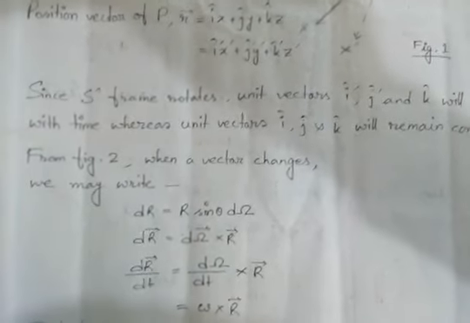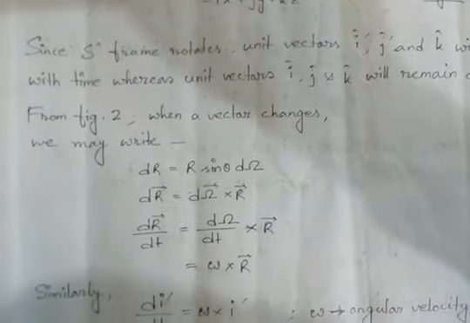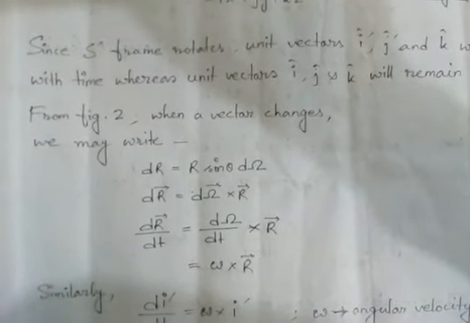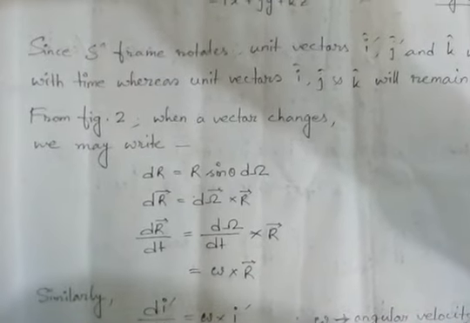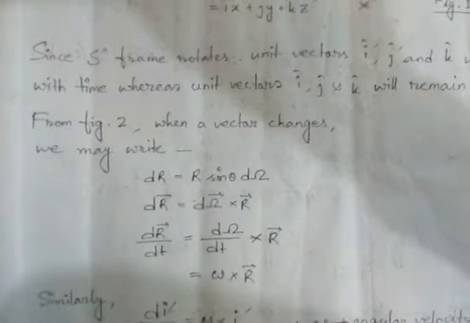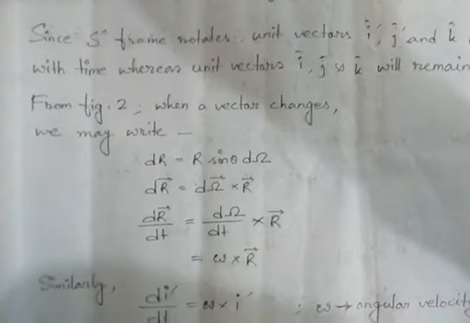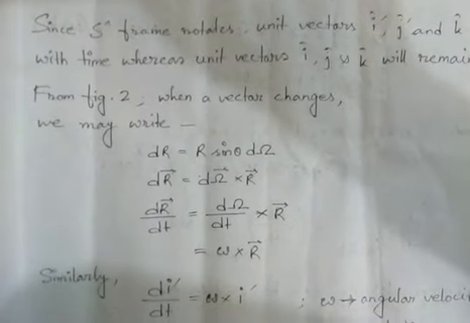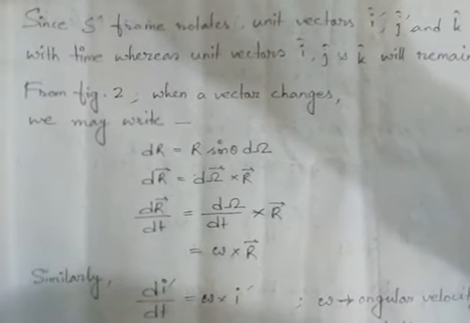When a vector changes, we may write dr equal to r sin theta d omega. And in vector form, we can write dr equal to d omega cross r. Differentiating with respect to time, we get dr by dt equal to omega cross r.